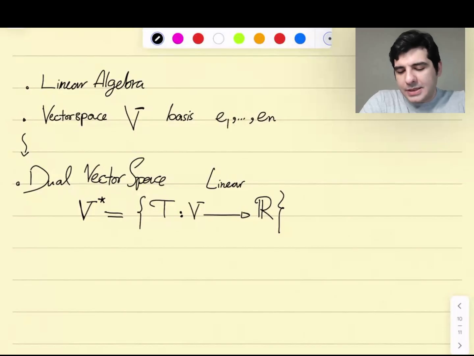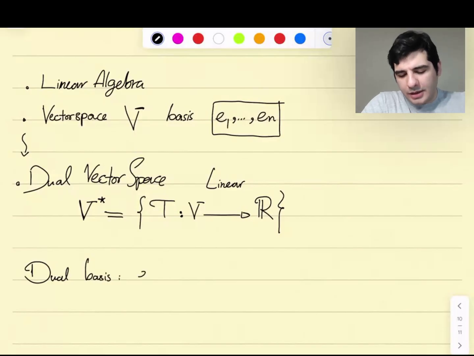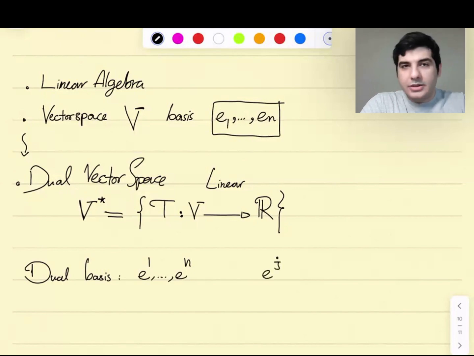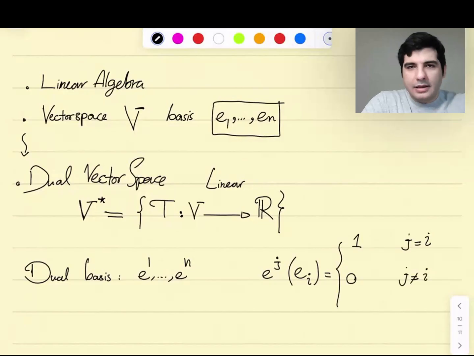And if V has a basis E1 up to En, there is a dual basis one can define for V star, usually denoted by E1 up to En, but now the indices 1 up to n are superscripts rather than subscripts. They are defined so that Ej, for any j between 1 and n, acting on Ei is equal to 1 if j is equal to i, and 0 if j is not equal to i. Right. This set forms a basis for the dual space.